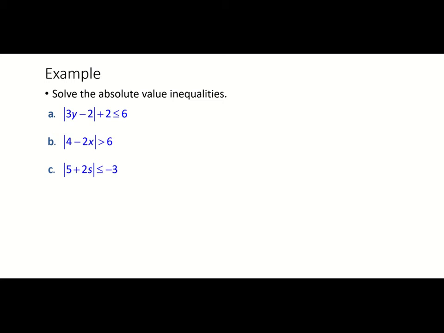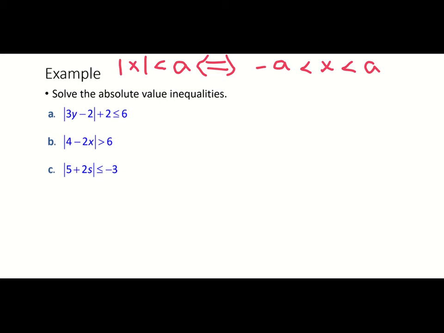So here, if you have your problem, if the absolute value of x, or the expression, whatever it is less than a, then that is the same as creating a compound inequality. So you would take the opposite of a and make it less than the expression, which is less than a. Okay, so if it's less than, think one problem, even though there's two inequality signs in it, you create one problem.